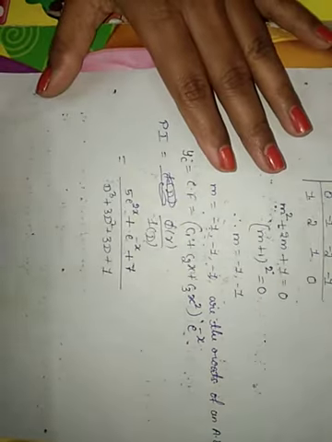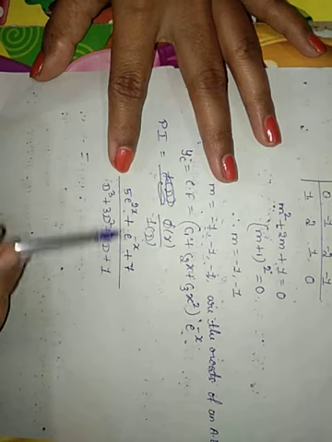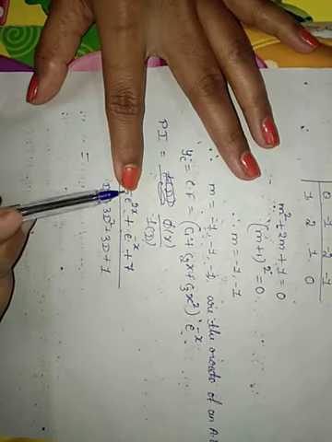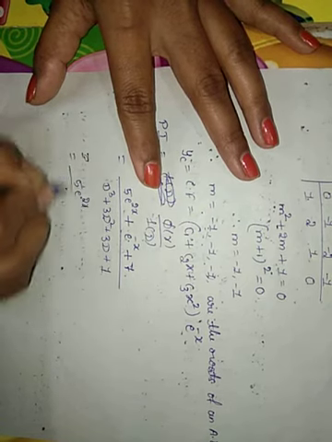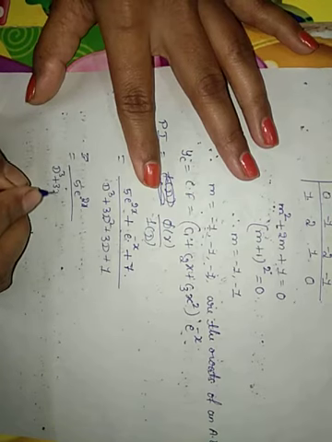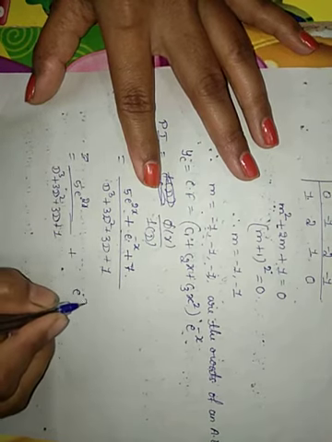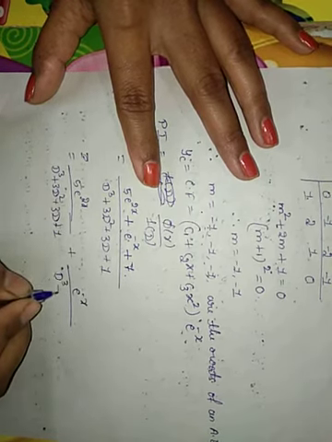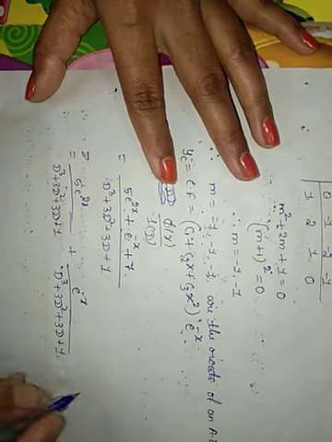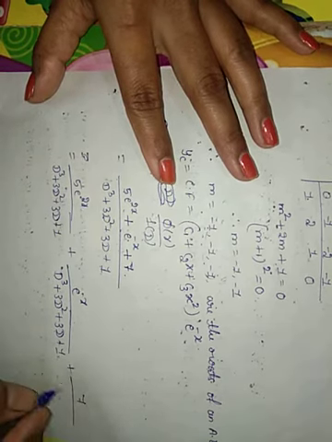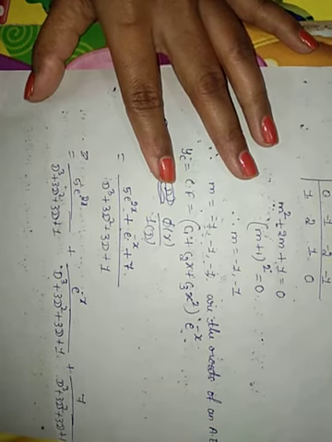So next procedure. When you find the particular integral for more than one phi of x, split the denominator for every function first. 5 e raised to 2x divided by D cube plus 3D square plus 3D plus 1, plus e raised to minus x divided by D cube plus 3D square plus 3D plus 1, plus 7 divided by D cube plus 3D square plus 3D plus 1.